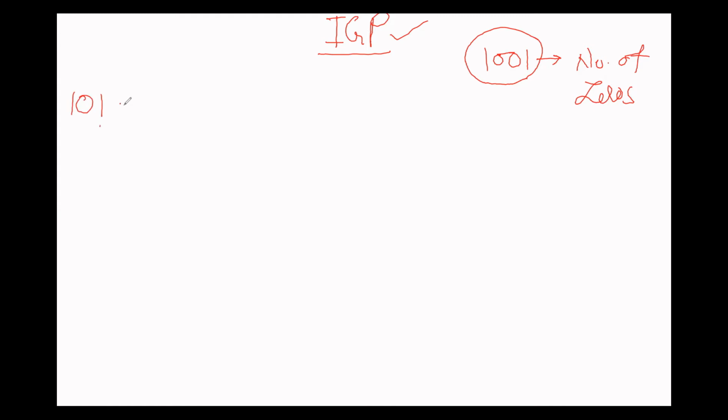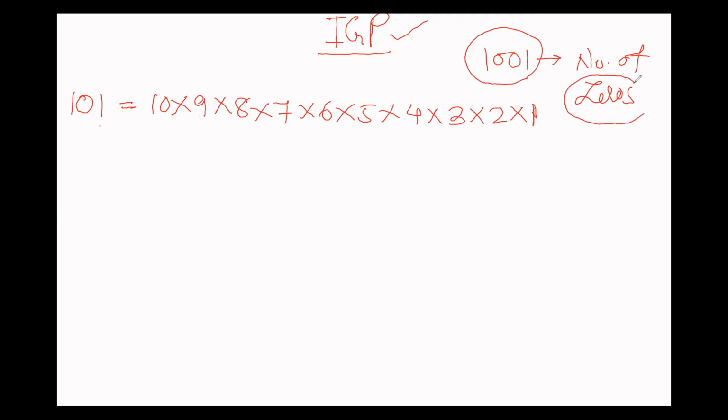Now 10 factorial can be written as 10 into 9 into 8 into 7 into 6 into 5 into 4, 3, 2, and 1. Now I want to find out the number of zeros. You have to understand how we can make zeros.